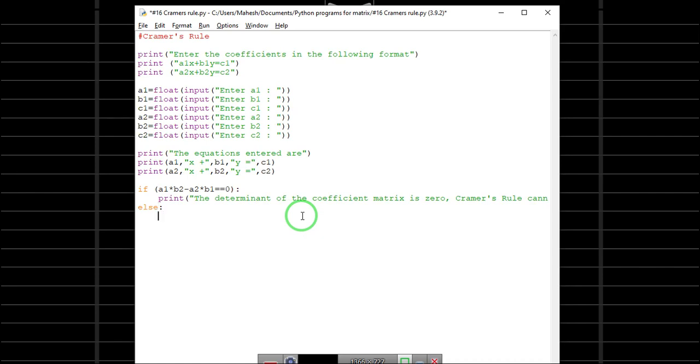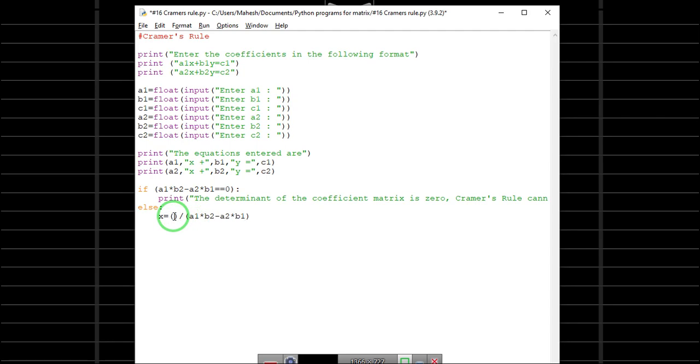Else, we will calculate what is x and y. So x equals to the numerator divided by the denominator, and for the denominator we have these coefficients of this determinant of a, so we will just copy paste here.